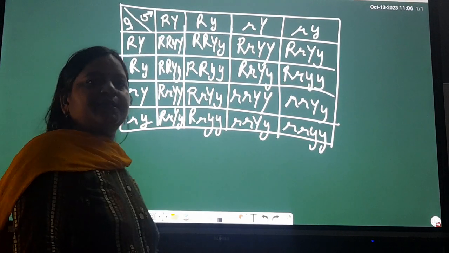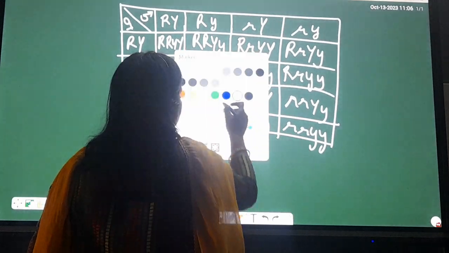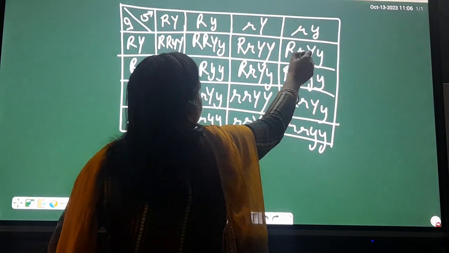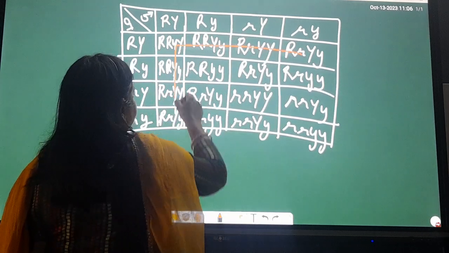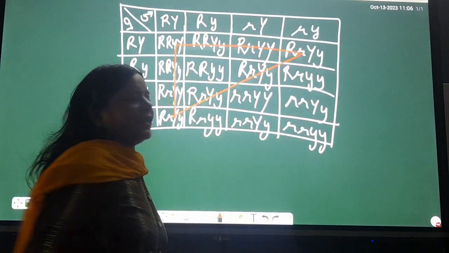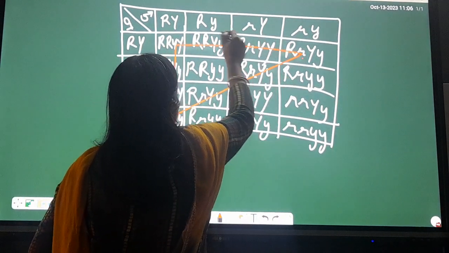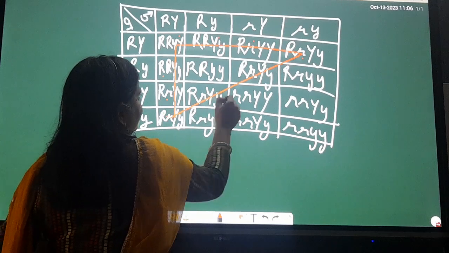Here you can easily interpret it by making this line, then one triangle is formed. In these ovals you can count 1, 2, 3, 4, 5, 6, 7, 8, 9.